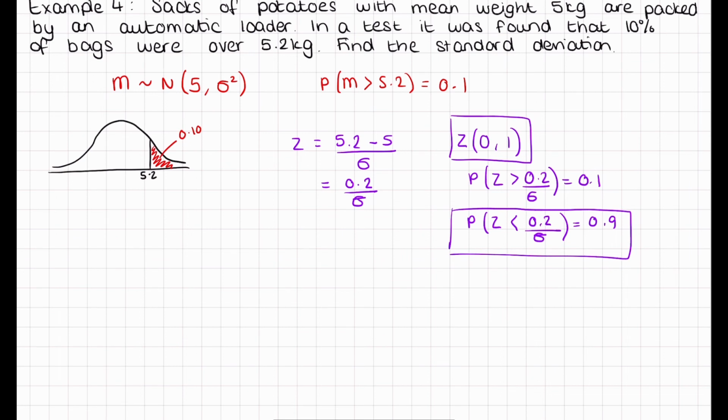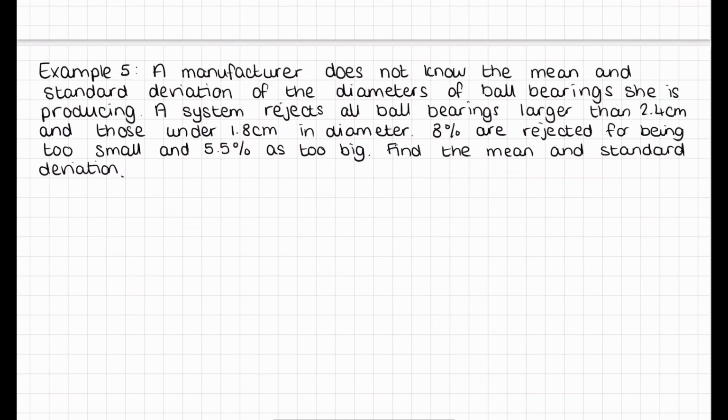And if we do that, we find that 0.2 over the standard deviation equals 1.28155, because that's the solution we get from the inverse normal. And then we can work out the standard deviation by rearranging, which is 0.156.